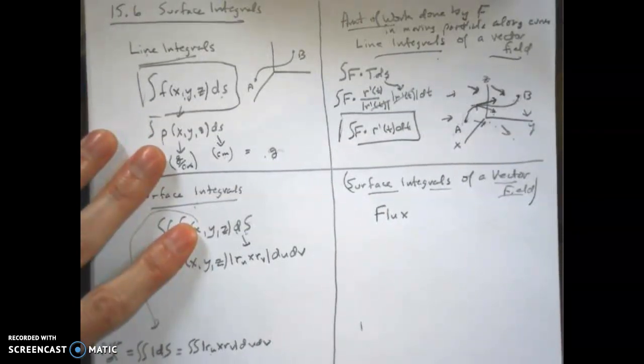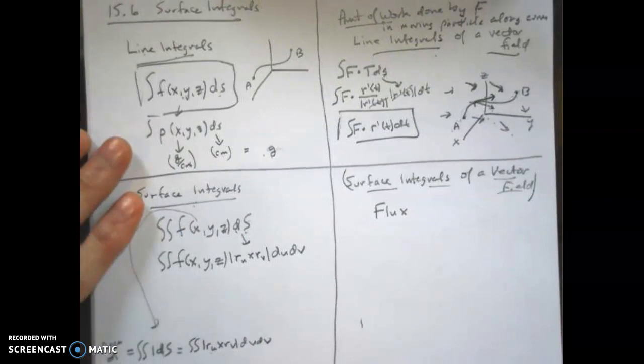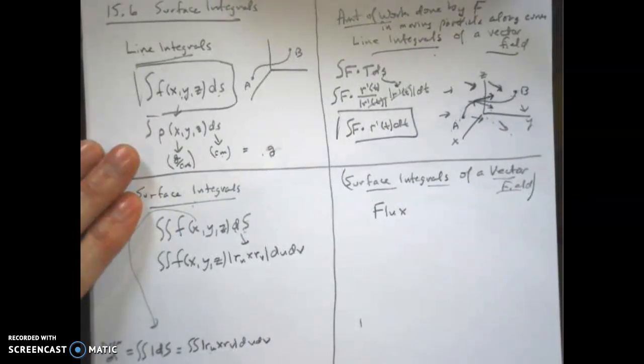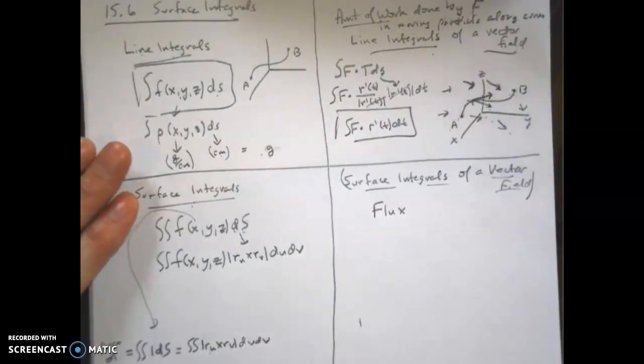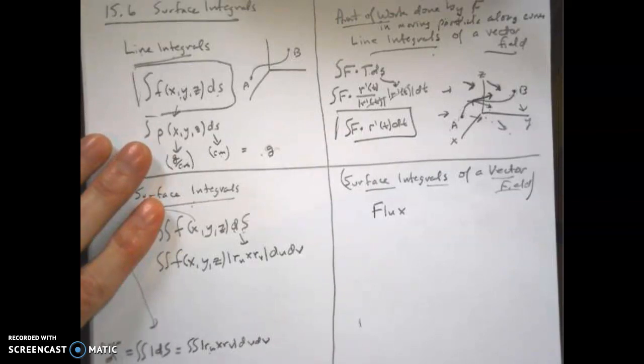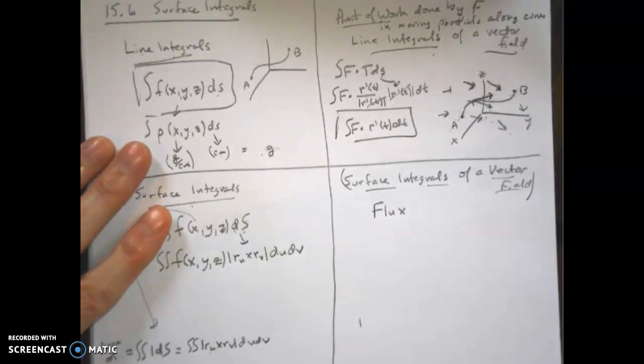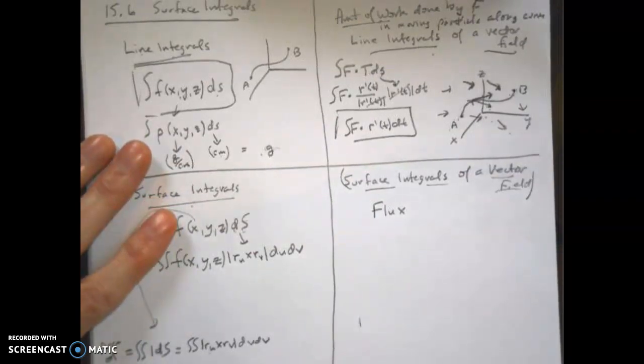Let's say your z was a function of x and y, so let's call it g of x, y. And you did your cross product, r_x crossed with r_y. You ended up getting something that looked like negative dg dx, negative dg dy, and 1.